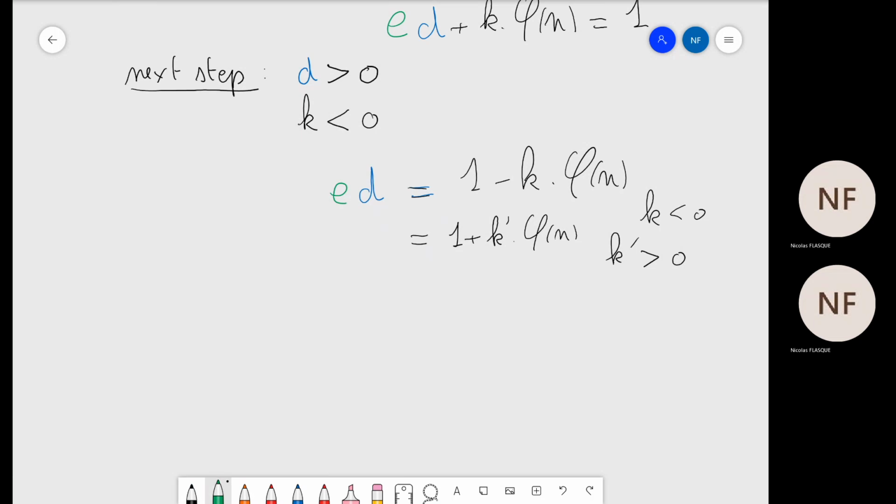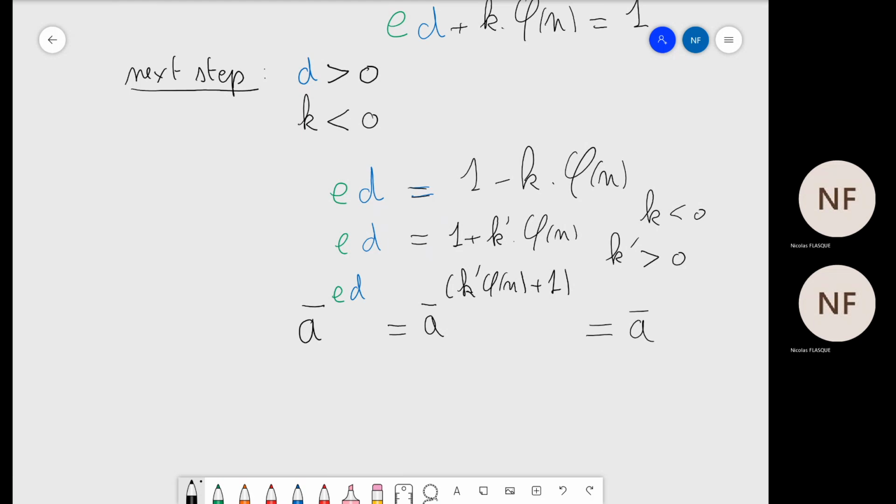That is, if e times d is equal to 1 plus k prime times phi of n, then a bar to the power of e times d is equal to a bar to the power of k prime phi of n plus 1, equal to a bar as an application of the fundamental theorem of RSA.